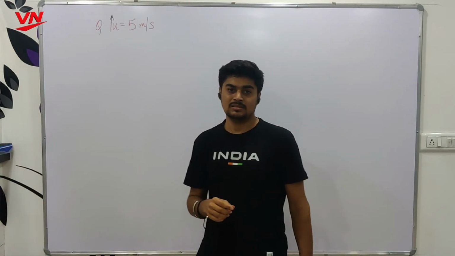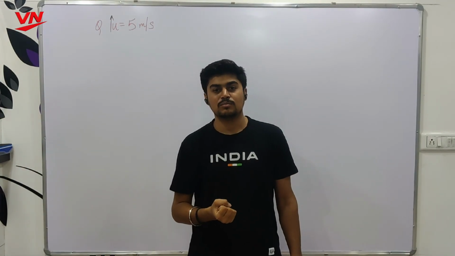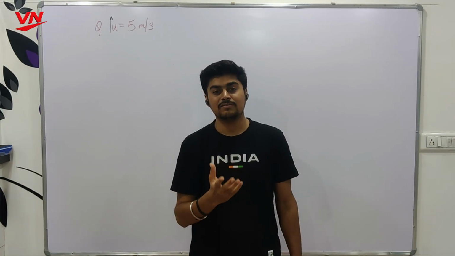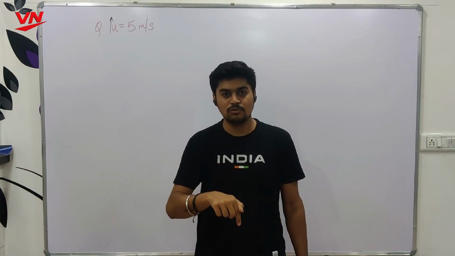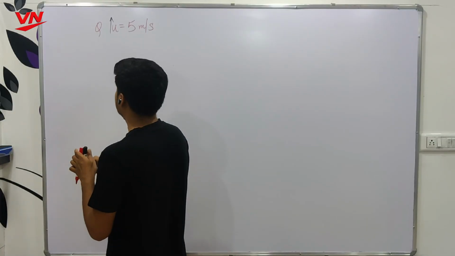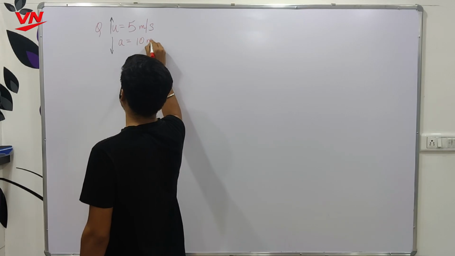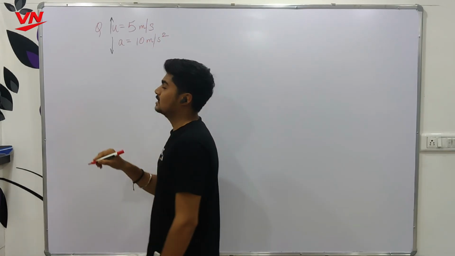But there is a gravitational force. Because of that, acceleration due to gravity will be towards the ground, which is vertically downward, and its value is 9.8, or you can say 10 meter per second square.